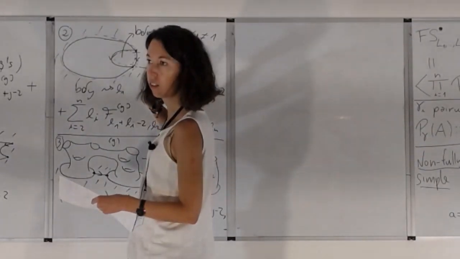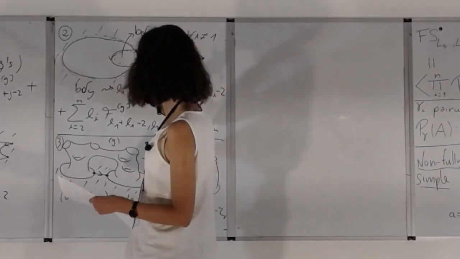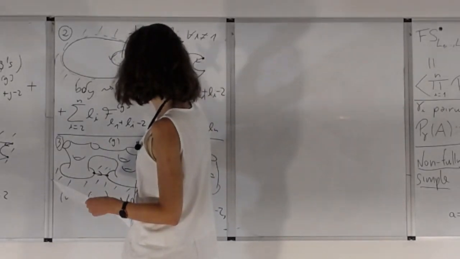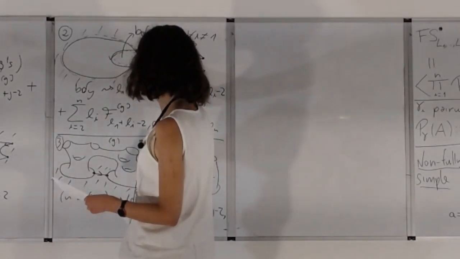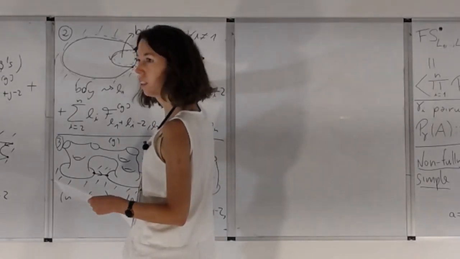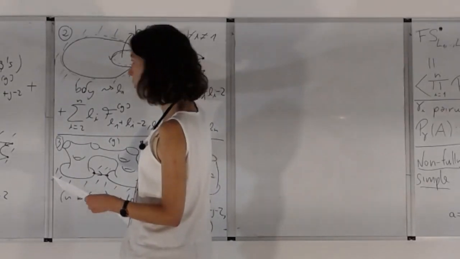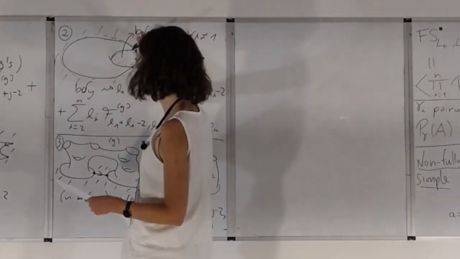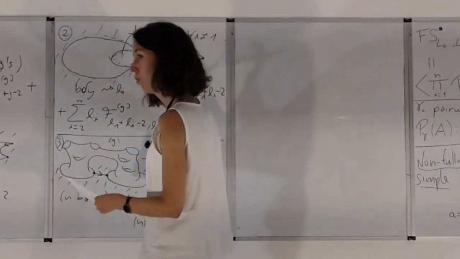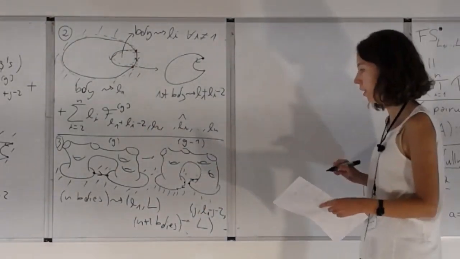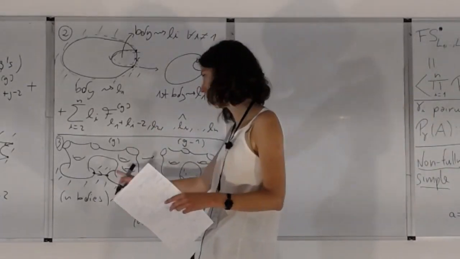So that has length 1 in your picture. It has length 1 on one side and length 1 on the other side. So if you sum these two lengths, you will have the sum of the lengths minus 2. And actually the idea of the minus 2 is the same in every picture.